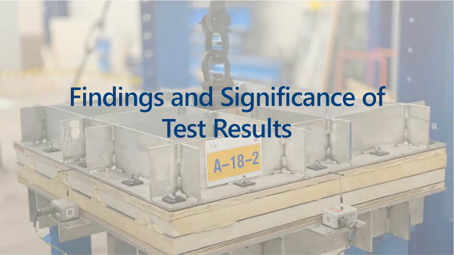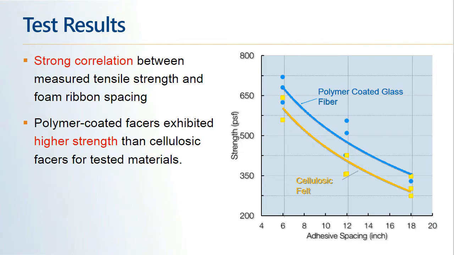So let's discuss the findings and significance of these test results. The measured loads were relatively high and indicative of a good application, because the adhesive ribbons were fully mobilized. And by that I mean those weighted buckets make a big difference in being able to get a full spread and contact of that low-rise foam adhesive to the facing skin of the insulation.